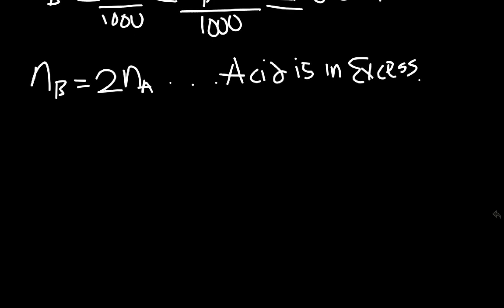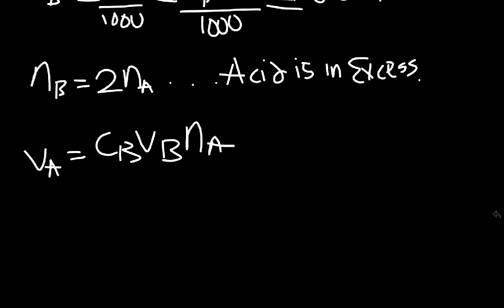Next, to our fifth step, we solve for the volume of the acid. To solve for the volume of the acid, you say the volume of the acid equals the concentration of the base, the volume of the base, the mole of the acid, over the conc of the acid and the mole of the base.